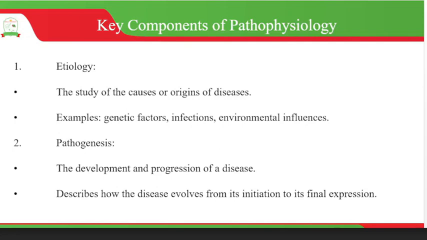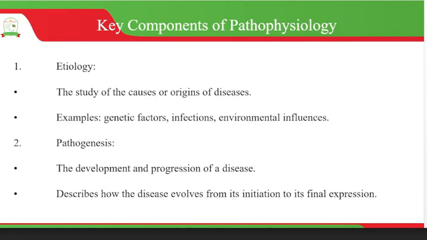The second key concept is pathogenesis. That is referred to as the series of events that develop and determine the progression of the disease. A series of events that occurs within the cell that leads to the development and progression of the disease.